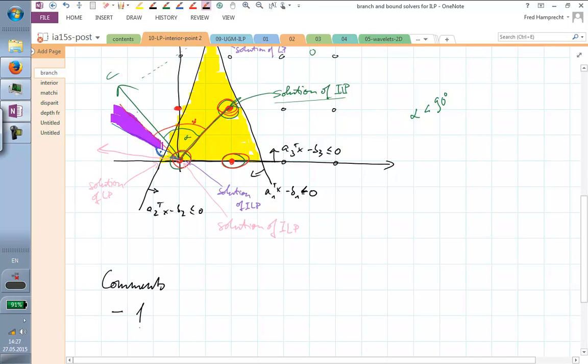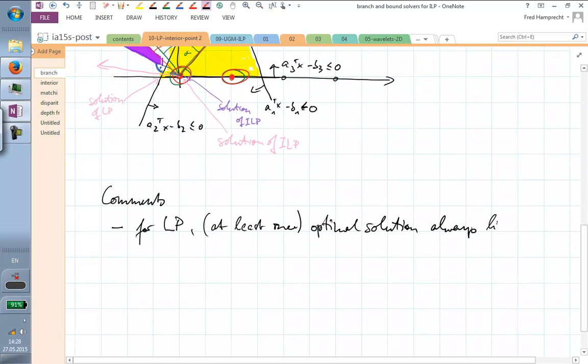First, for the linear programming part, at least one optimal solution always lies at a vertex of the LP polyhedron.